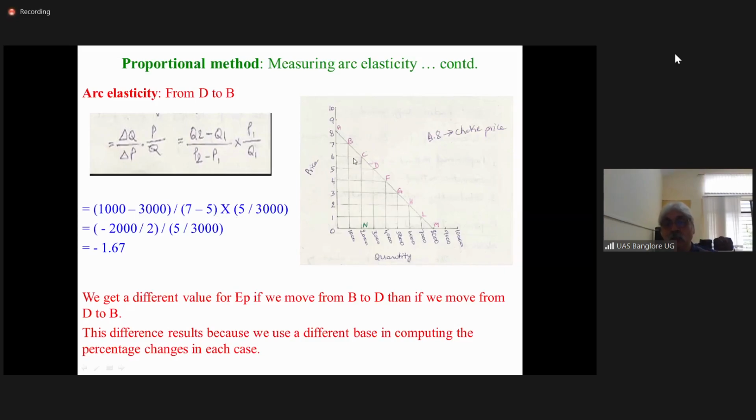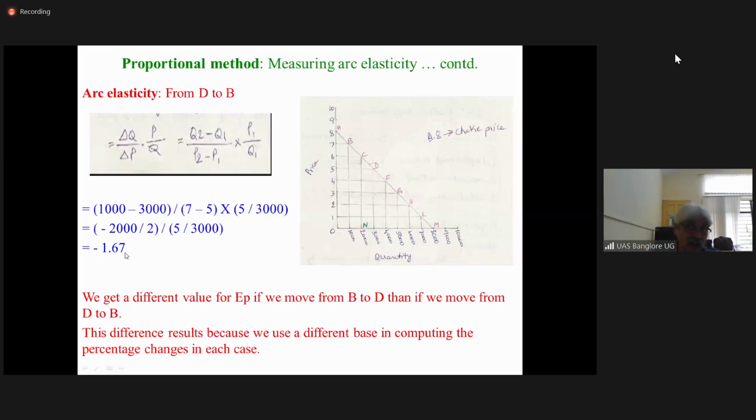The new price at B is 7 rupees, so 7 minus the old price, which is 5. The old quantity is 3,000. So 7 minus 5 into 5 by 3,000. If you solve this, you'll get minus 1.67.